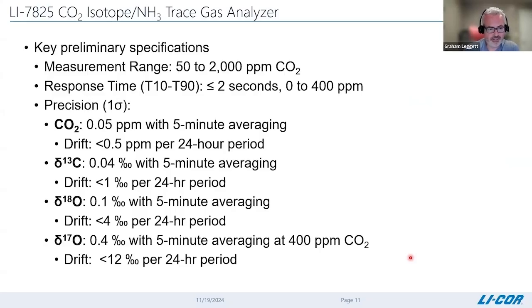Also very low drift, so that does mean that calibration interval, depending on the application, can be long. But as we'll perhaps describe, I'm sure you have questions about calibration. It's very largely dependent on the demands of the particular application and the degree of changes per mil that you need to resolve.